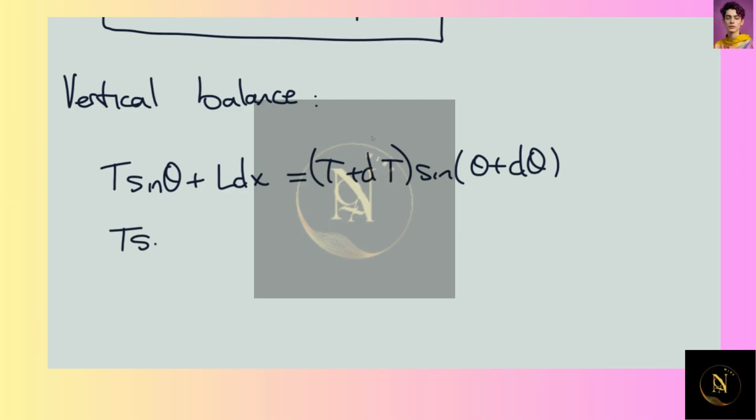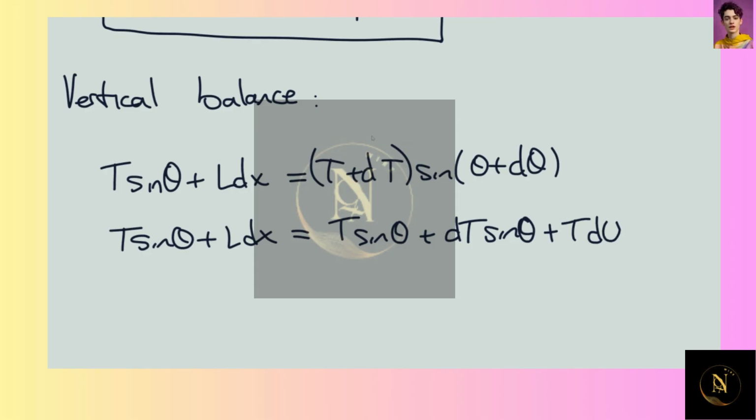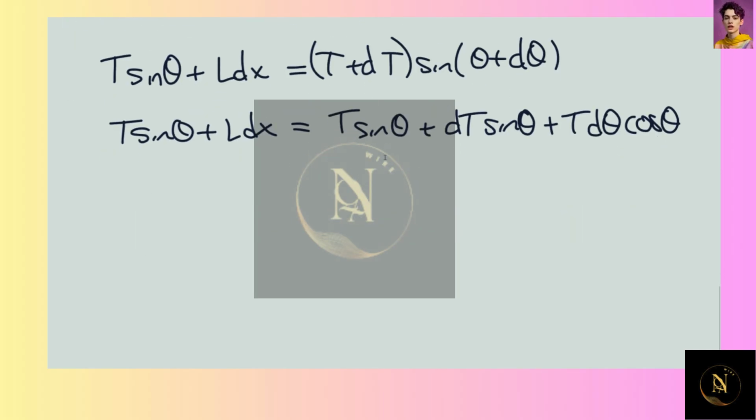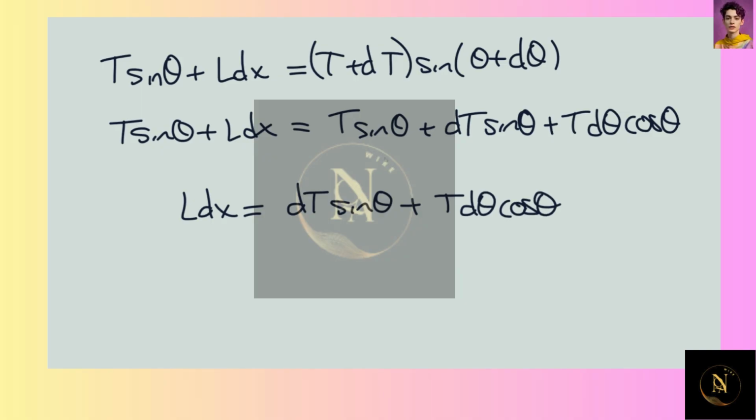We have T sine theta plus L dx equals T sine theta plus dT sine theta plus T d theta cos theta. So we have L dx equals dT sine theta plus T d theta cos theta.